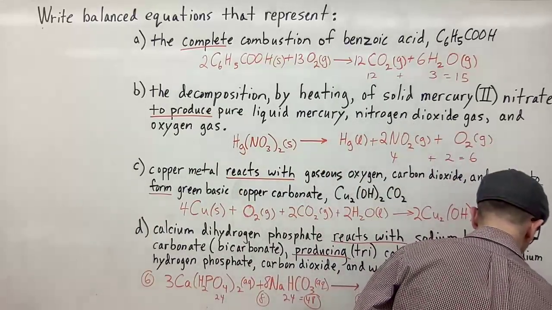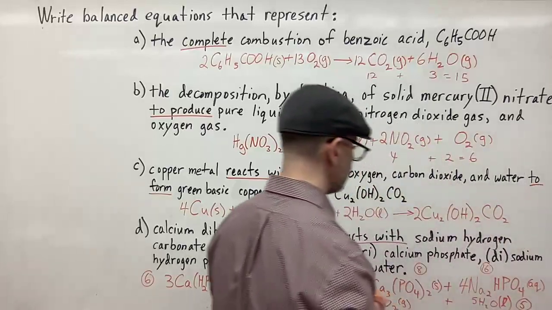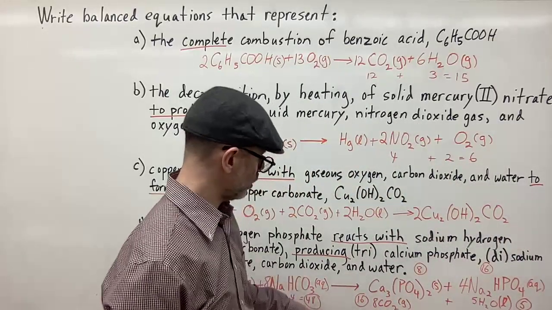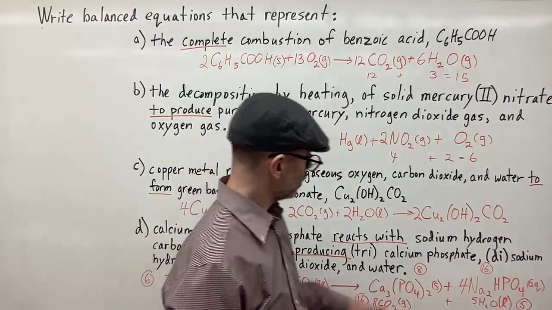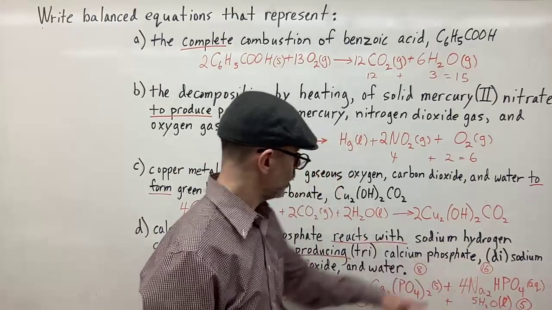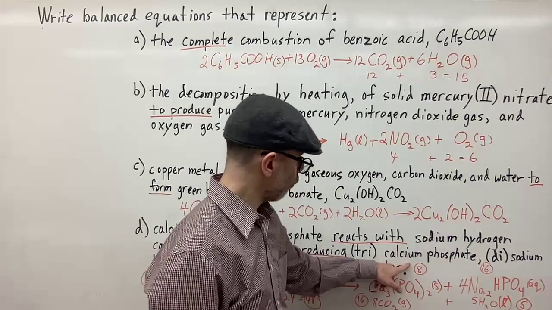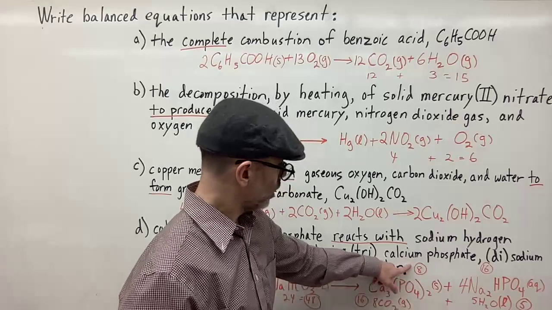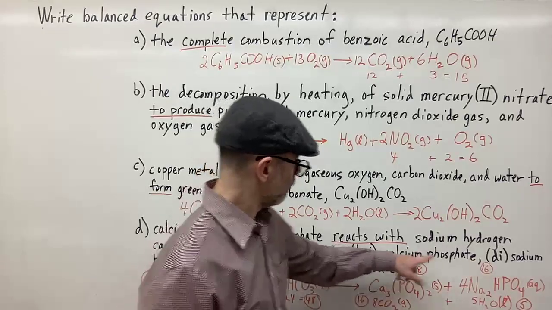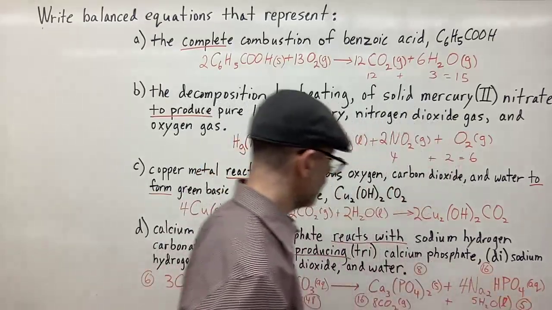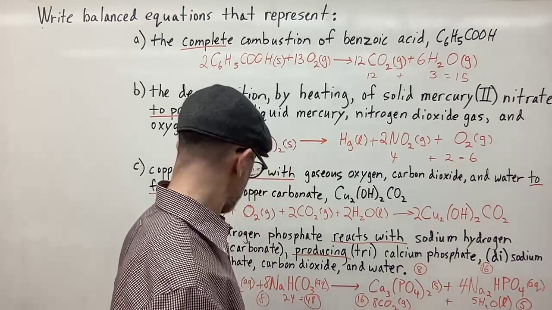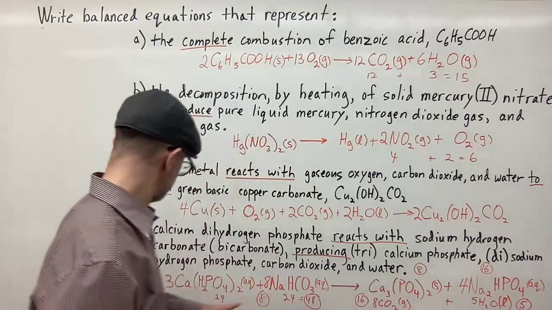That gives me 5 from this formula. So when I add these together, 16 plus 16 is 32. 32 plus 8 is 40. 40 plus 5 is 45. So I'm missing 3. Let me double check here.